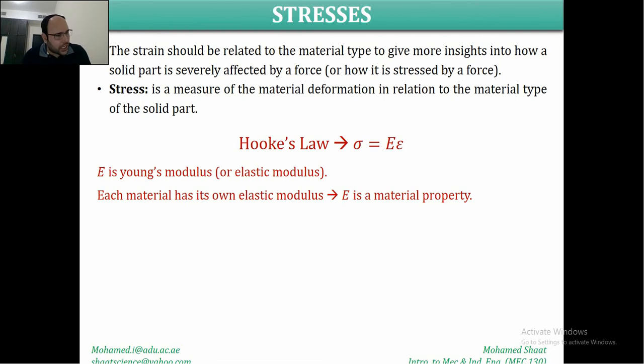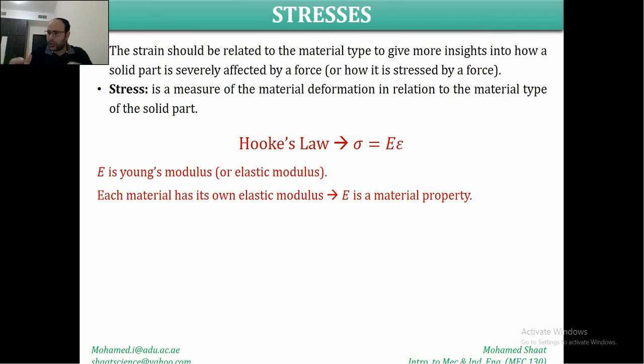Since we are mechanical or industrial engineers, we say that this is a mechanical material property. But in addition to it, there are lots of other mechanical properties that could be defined or specified for different materials. It means that we can distinguish one material from another depending on a set or group of mechanical properties.